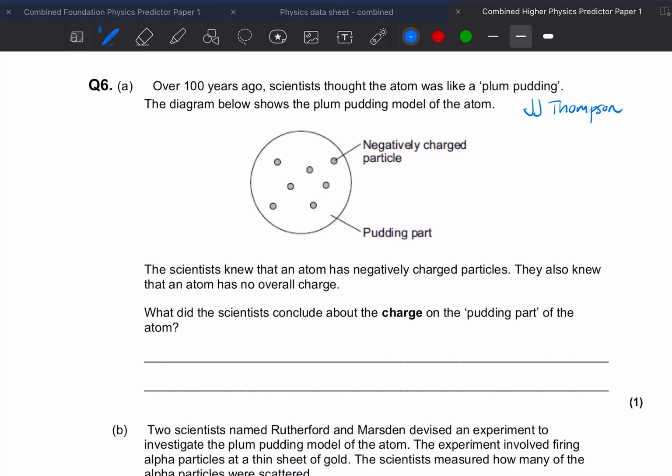The scientists knew that the atom had negatively charged particles. They also knew that the atom had no overall charge. What did the scientists conclude about the charge of the pudding part of the atom?